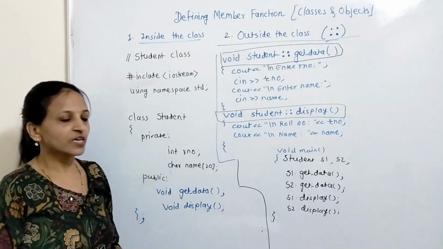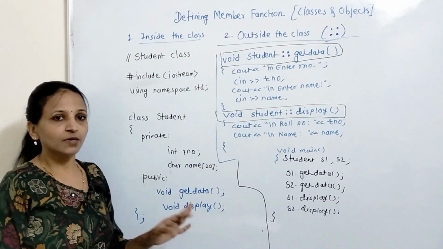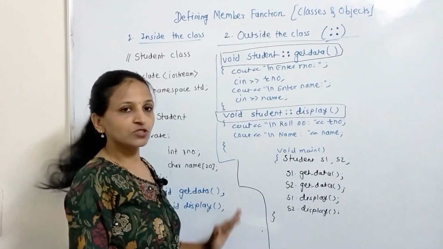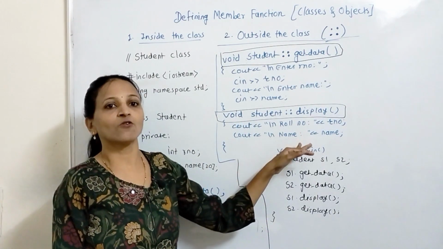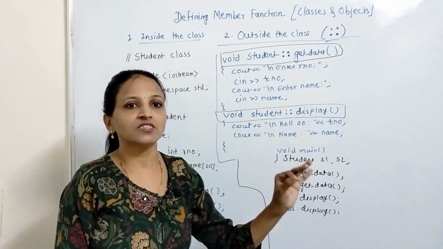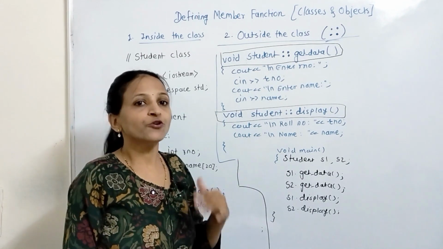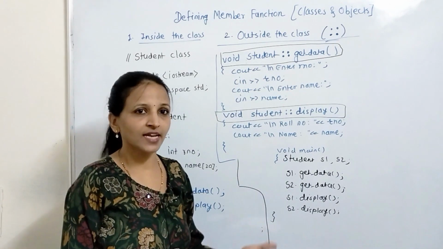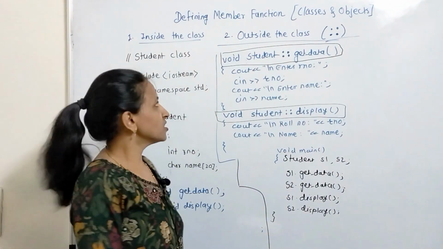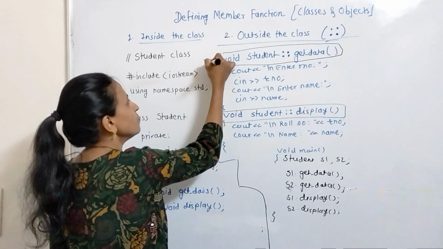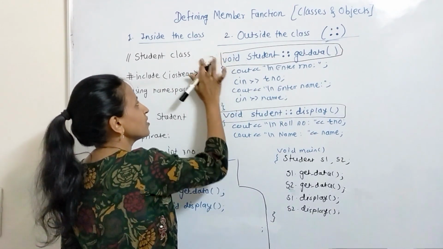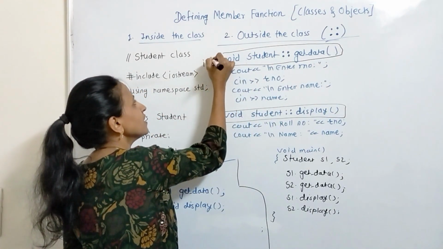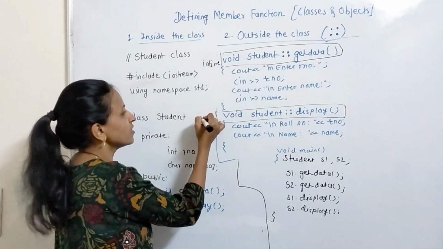If we have defined member functions inside the class, then by default those are considered inline. If we define them outside the class, then they are not considered inline. If you want outside functions to be considered inline functions, you can do that: just write the inline keyword before defining that member function, here and here also.